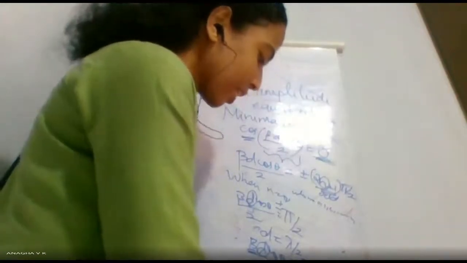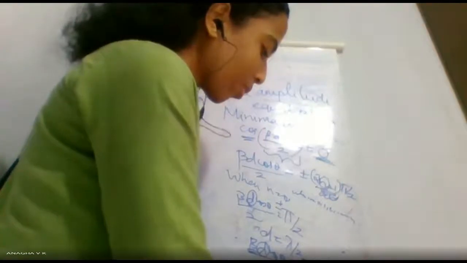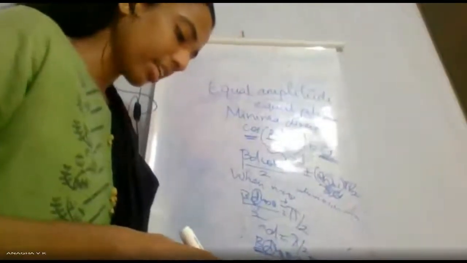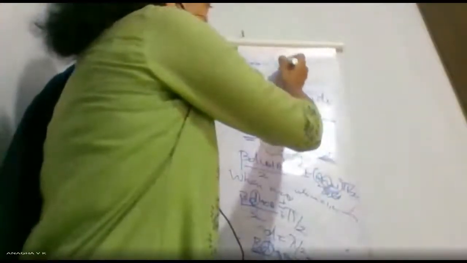What is the final equation? Pi by 2 cos theta. So pi by 2 cos theta equals plus or minus pi by 2.